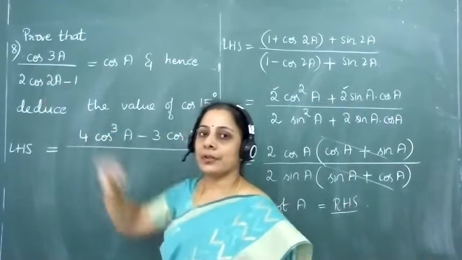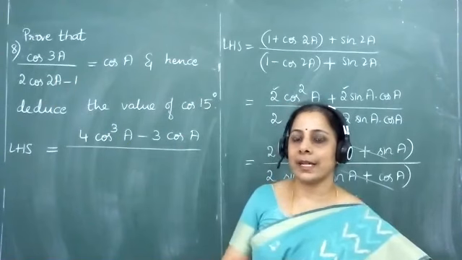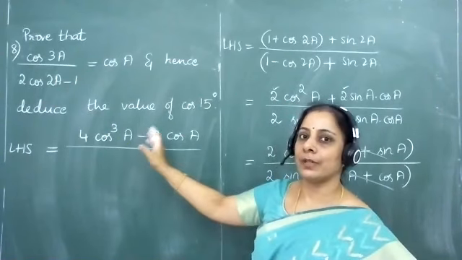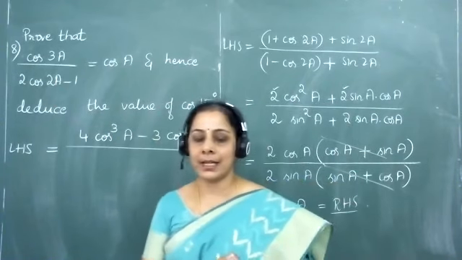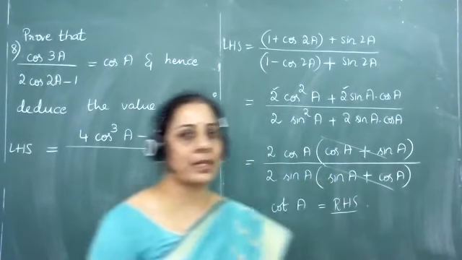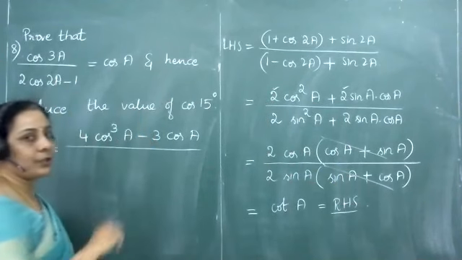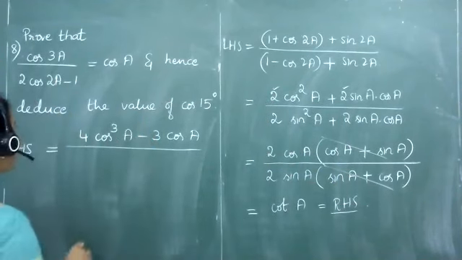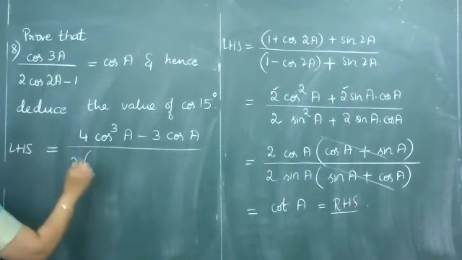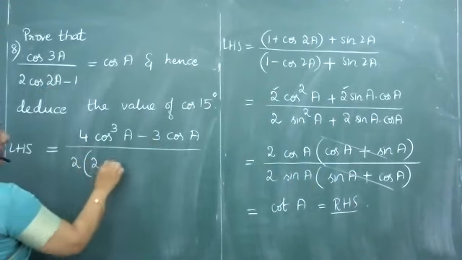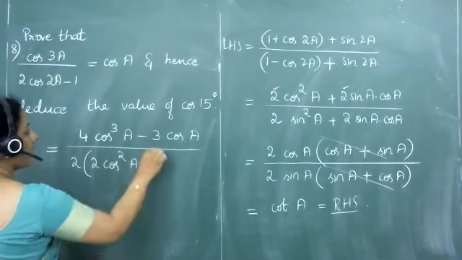What happens if you take cos 2A as cos squared A minus sin squared A? Definitely you will not be wrong. You will just have to eliminate sin squared A in that case, which will take you 2 steps extra. So instead of that, we should try to reduce our work. Cos 2A here in the denominator, we will consider it as 2 cos squared A minus 1.